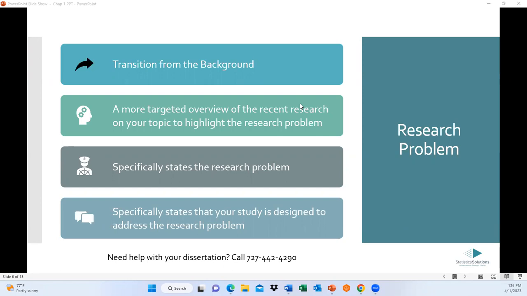Let's say your research problem is a gap. There's a gap in the literature. We don't know something about a certain aspect of the topic, and that's what your study is going to cover. Well, a gap is something that is hard to describe because by definition, a gap doesn't exist, right?